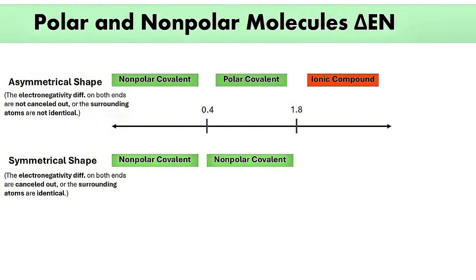Although they have a difference of between 0.4 and 1.8, those values of difference in electronegativity will be canceled out by the other differences of electronegativity in its surroundings. So it will give us a nonpolar answer. So if it is symmetrical, even though it's between 0.4 and 1.8, it will be considered nonpolar covalent. And beyond 1.8 or 1.7, it is still an ionic compound. It won't change. I hope you keep that in mind. So the only thing that changes is the range between 0.4 and 1.8, for both symmetrical and asymmetrical shapes.